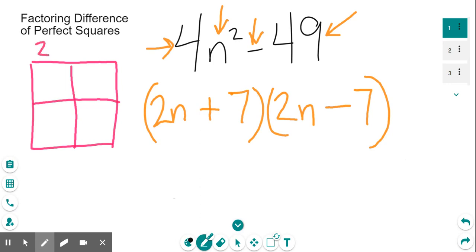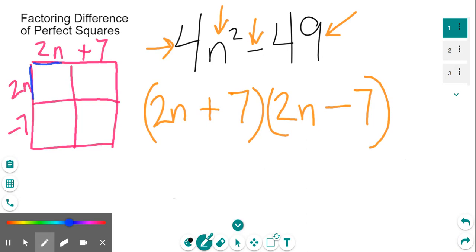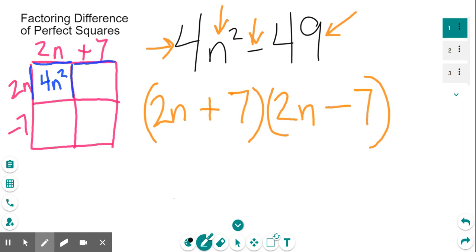So here I have 2n plus 7, and then here I have 2n minus 7. 2n times 2n is 4n squared. 2n times 7 is 14n. 2n times negative 7 is negative 14n. And then negative 7 times 7 is negative 49.